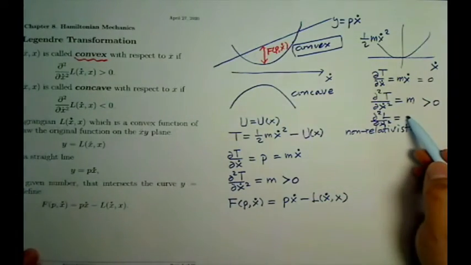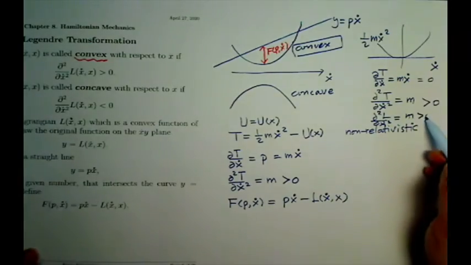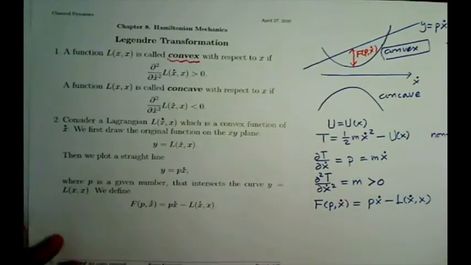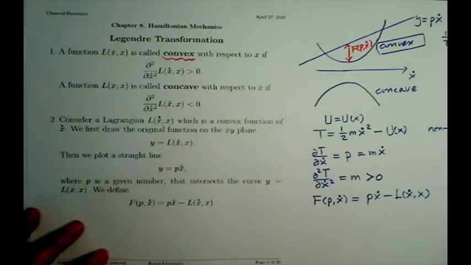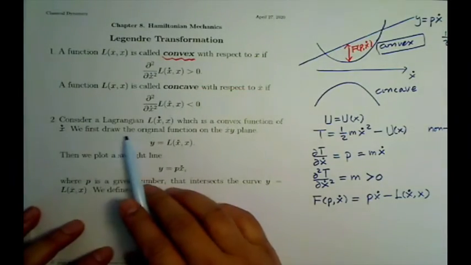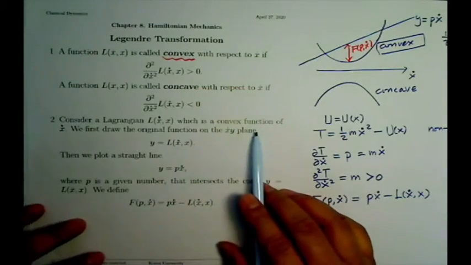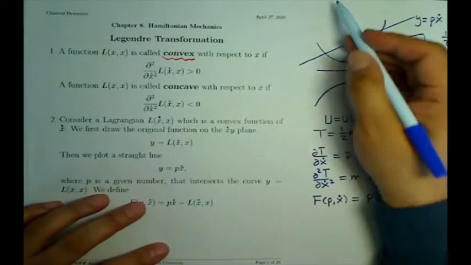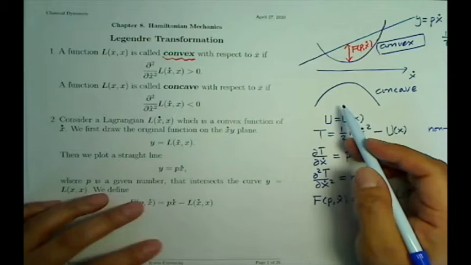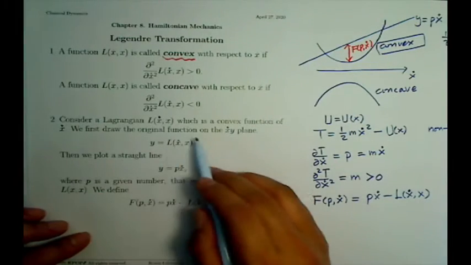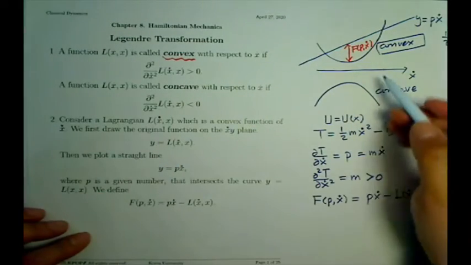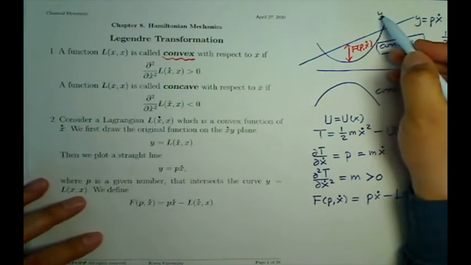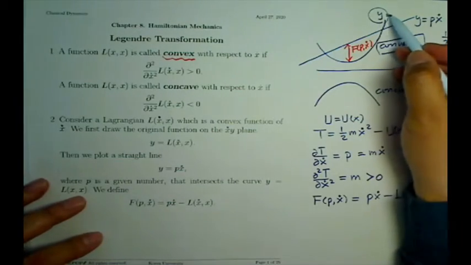For the non-relativistic case, this is m and positive definite, so a convex function. Next, we first draw the original function on the x dot y plane. This is x dot, the vertical axis is the y-axis, and this is a convex function. Actually, this is a Lagrangian.